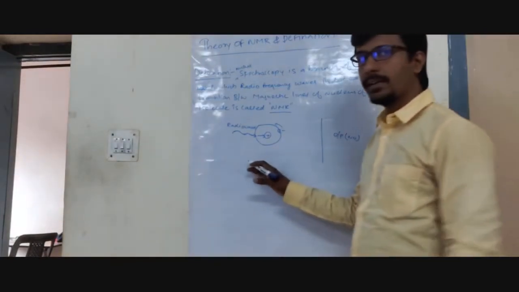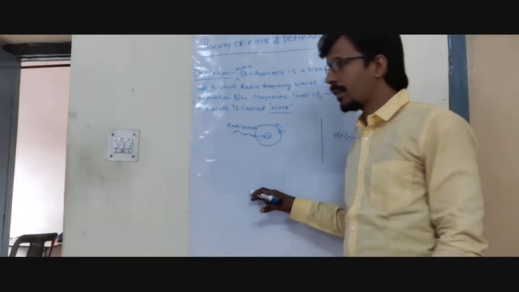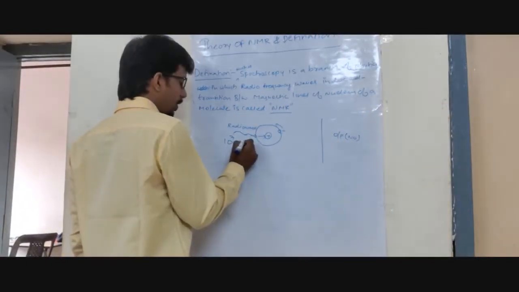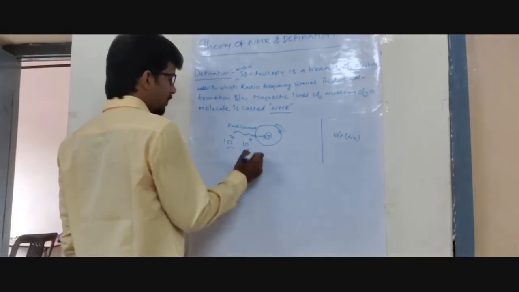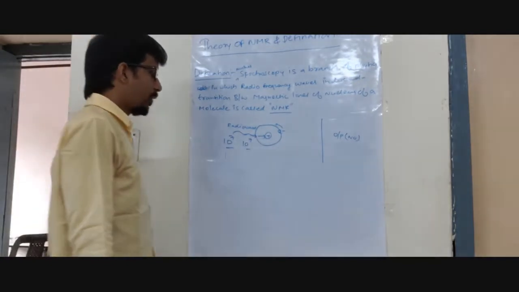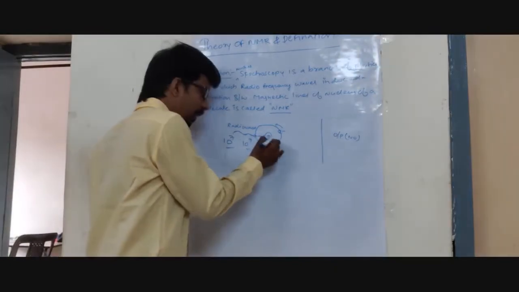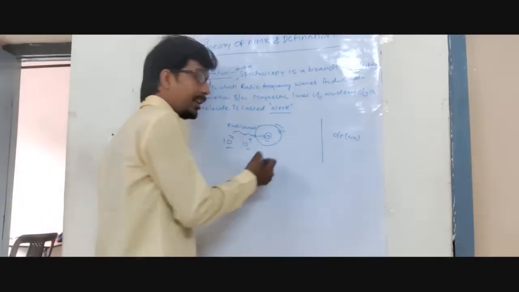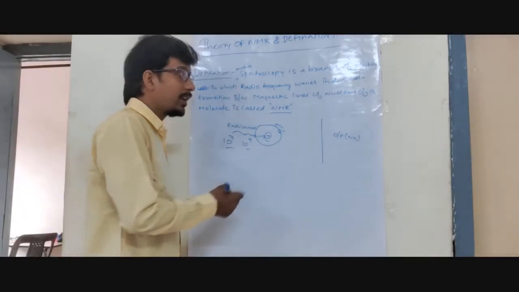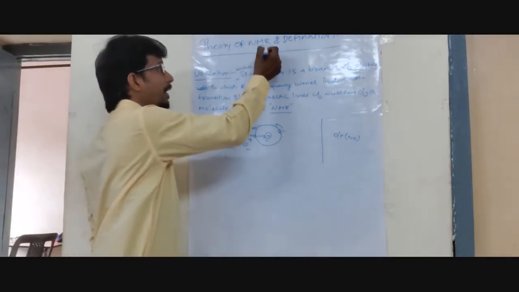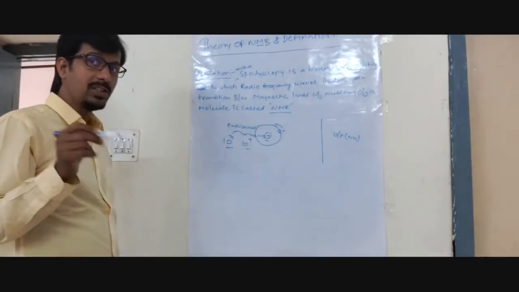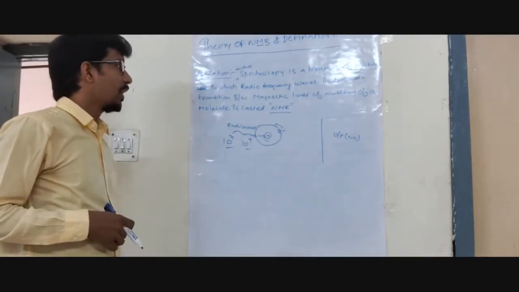Radio waves we are taking. The range of radio waves is 10 power 7 to 10 power 9. These radio waves are going to fall on the nucleus, and what happens? The nucleus is going to generate the magnetic lines by the resonance phenomenon.